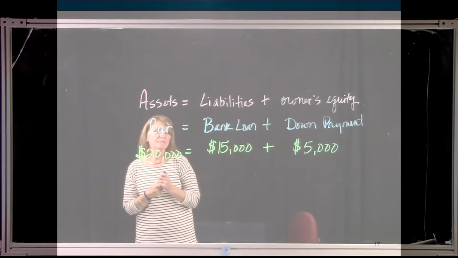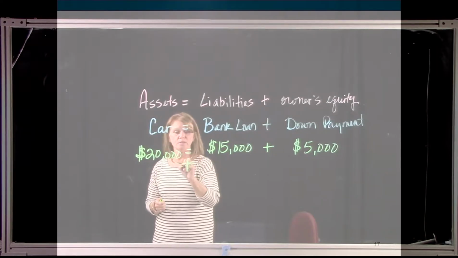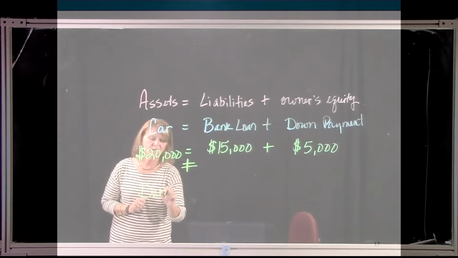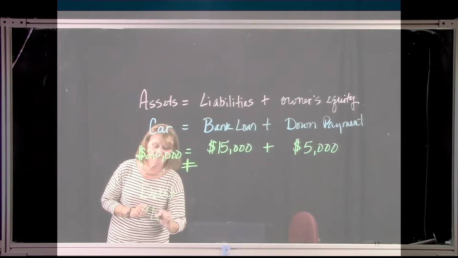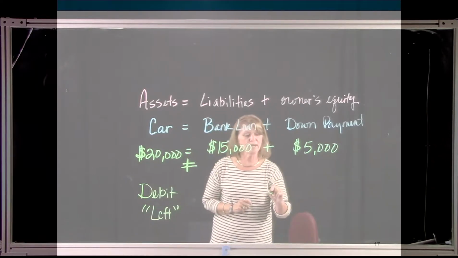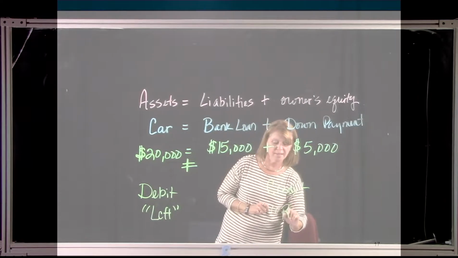It is important anytime we're talking about accounting that we keep this equal. The left side equals the right side. The debit side, which means left, has to equal the credit side, which means right.